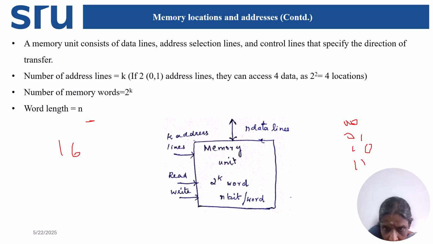Next, the data lines. See the direction is bidirectional, because data can flow from memory to processor or processor to memory.